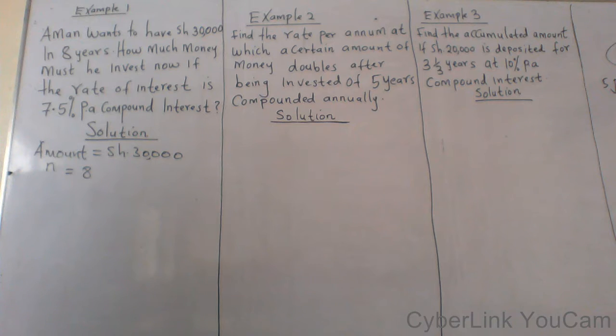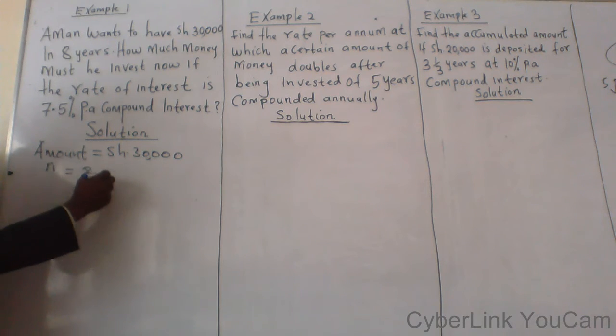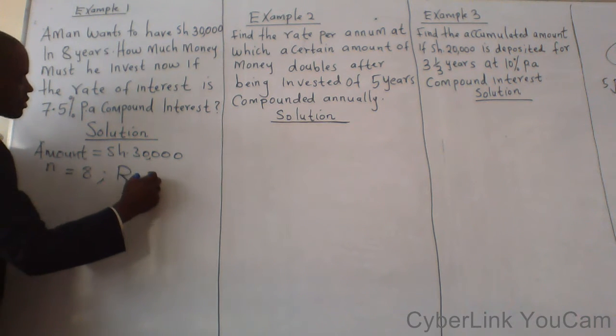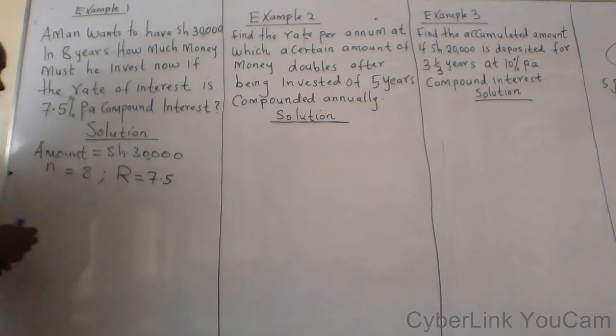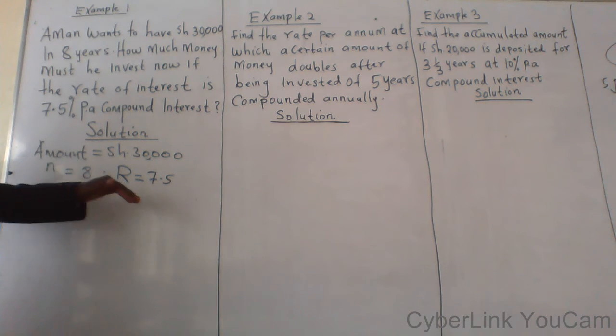Then we want to get this at the rate of 7.5, meaning the rate is equal to 7.5 per annum. So we have the amount, we have the N, and we have the rate.